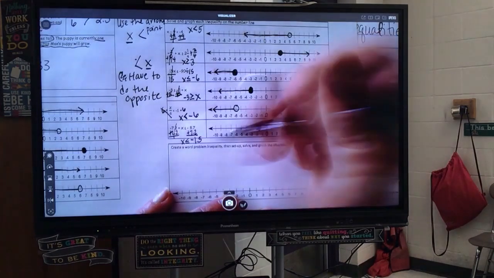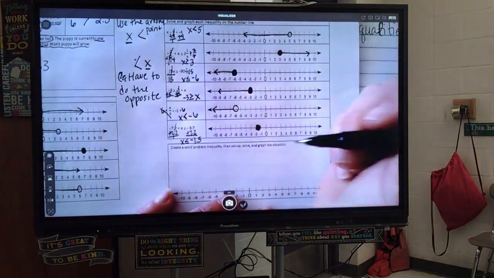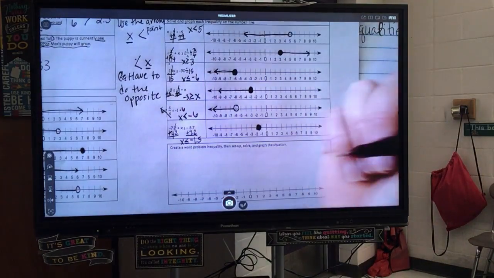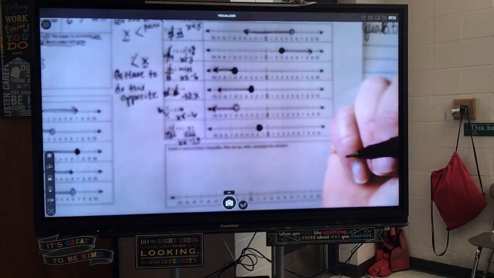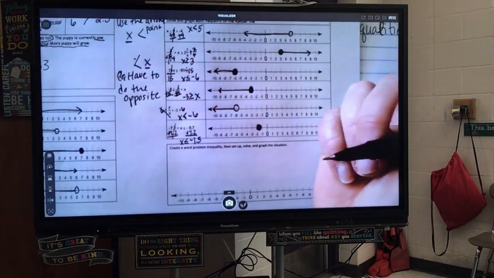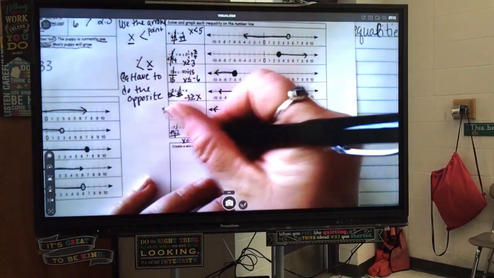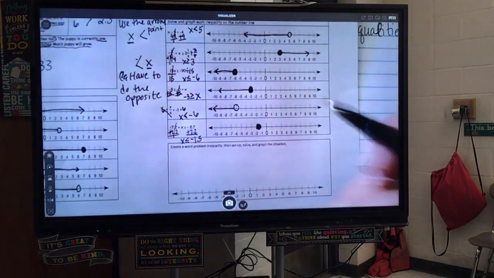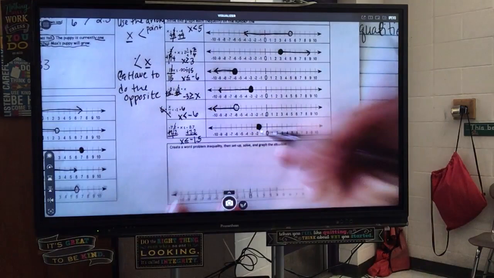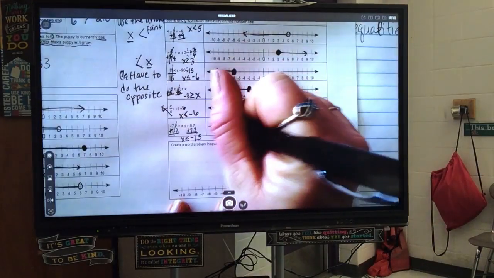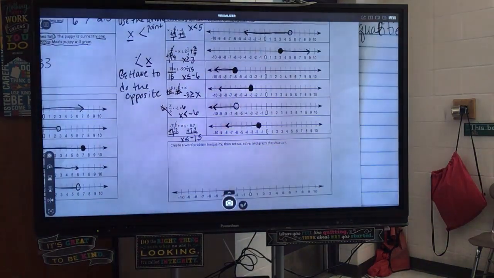Which way is the inequality pointing? It's pointing to the right. So it's pointing this way. So the point is going to my left, right? So that's telling me, because my variable is on that side, that I can go to the left.